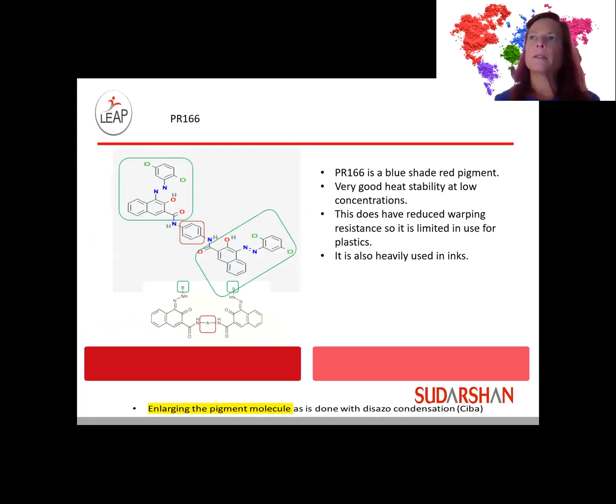Moving into the red space, taking a look at the pigment red 166. It is a blue shade red pigment with good stability. It has a limited use in plastics because it does have some reduced warping resistance. So primarily it is being used in ink applications.